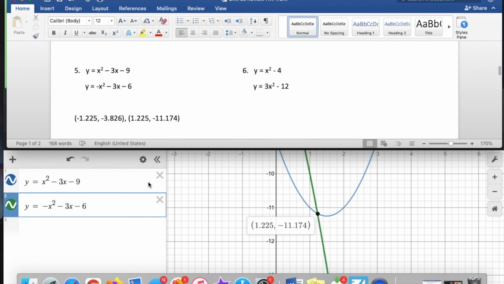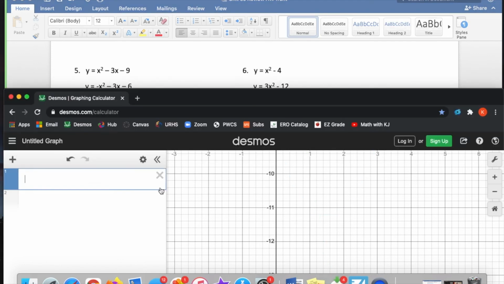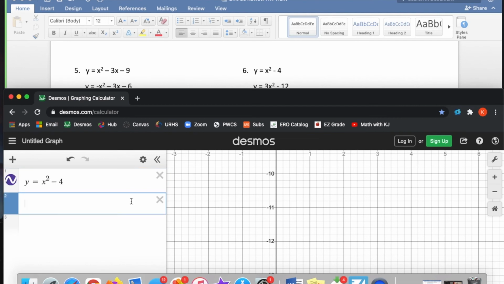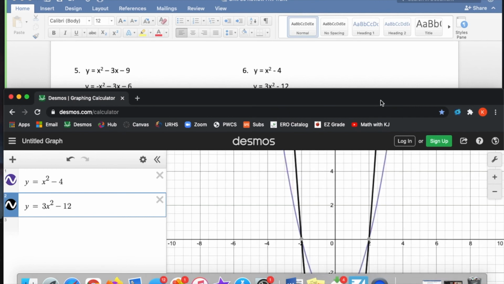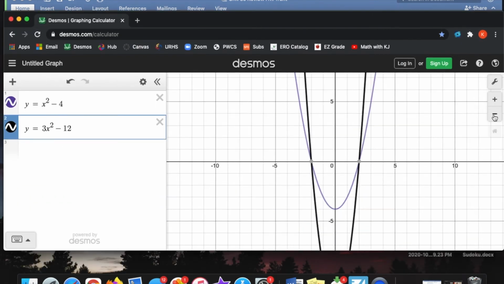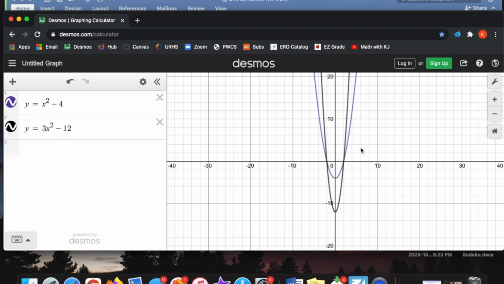Okay, last one here. Y equals x squared minus 4, and then y equals 3x squared minus 12. And again, get my zoom the right way. And okay, so we see these parabolas are very similar, my purple and my black one here. But we see they do intersect.